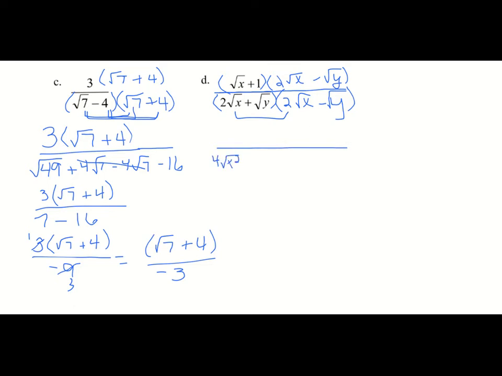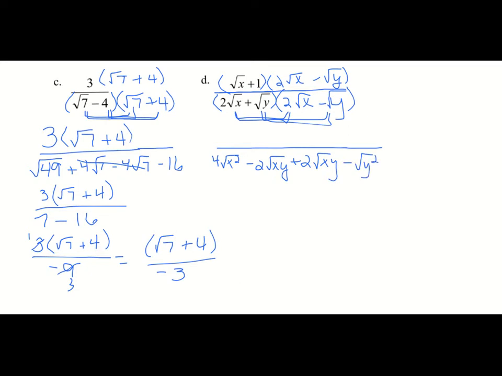That's 2 times 2 is 4. Square root of x times the square root of x is x squared. And then when we do our outers, it'll be negative 2 square root xy, and then positive 2 square root xy, and then minus the square root of y squared.